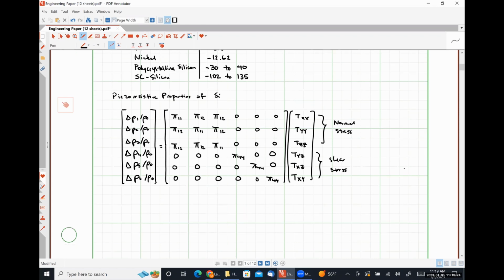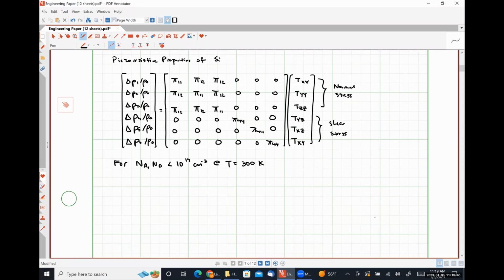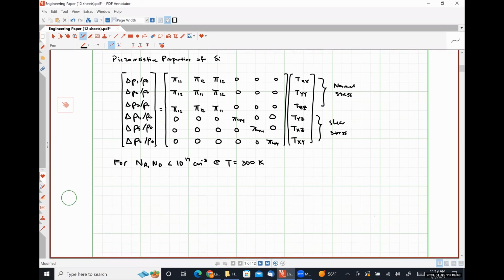So for dopant concentrations Na and Nd less than 10 to the 17 per cubic centimeter at T equal to 300 K, what we will have is another table, so bear with me here for a moment.